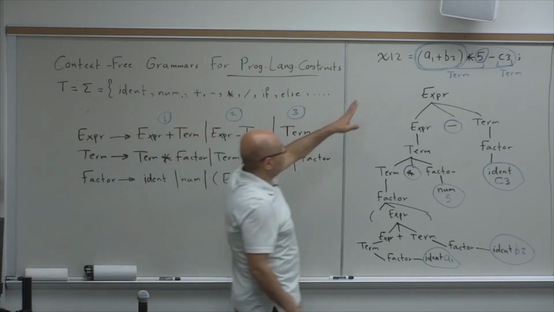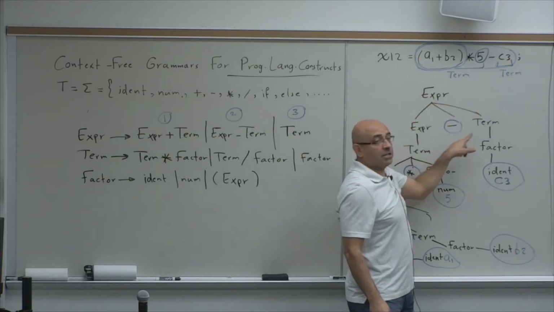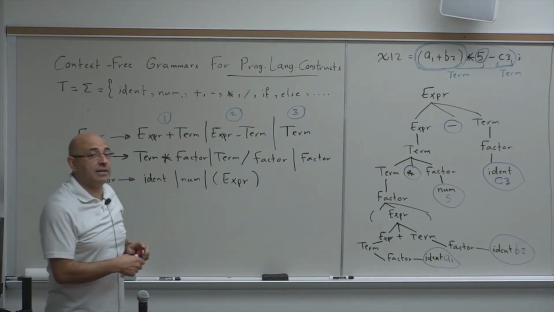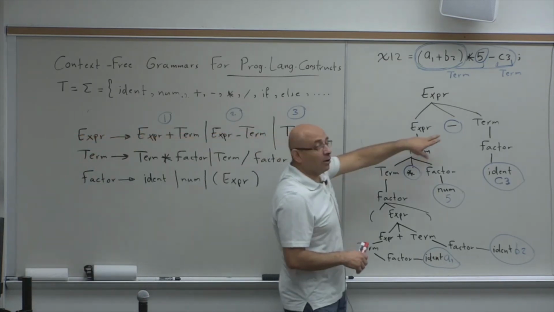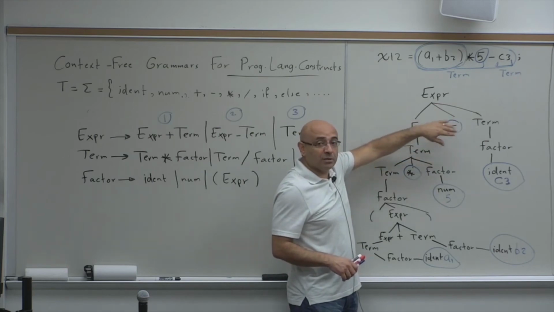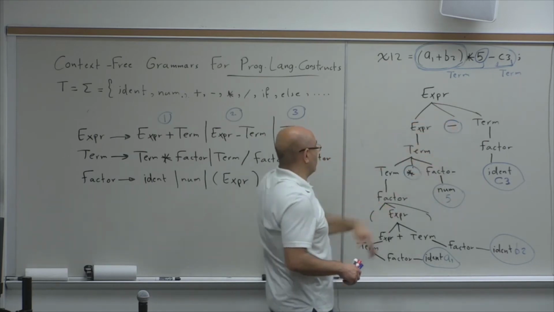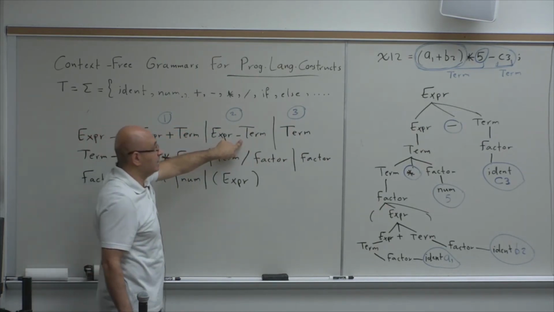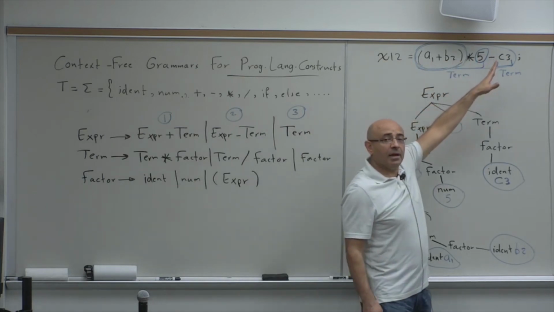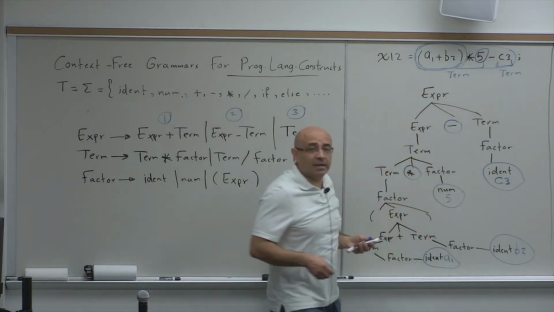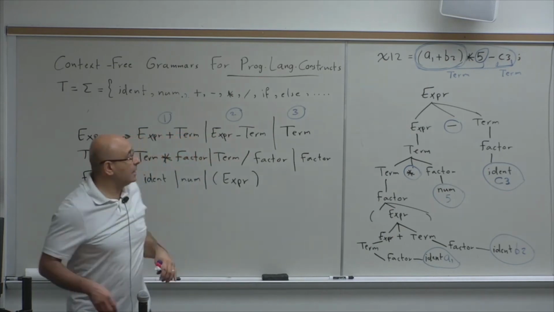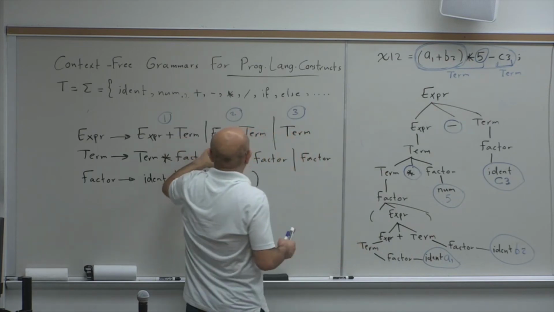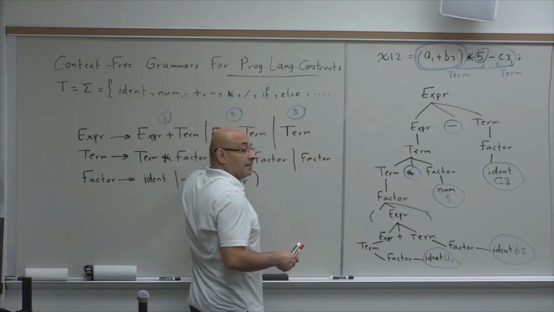And we chose expression minus term. Now, how did we choose this? This is a derivation that we did by inspection. In order to choose production number 2 to substitute for an expression, we had to look ahead, and do some kind of understanding or digesting of this expression and trying to match it with this. And then we figured that this would be the best substitution.